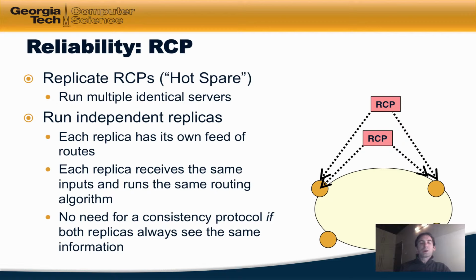Now, if each replica receives the exact same inputs and runs the exact same routing algorithm, then it should be the case that the output or the resulting state that each of these RCPs would push back into the routers should be exactly the same, because the inputs and the algorithm are exactly the same. So in the case of the hot spare approach, there's actually no need for a consistency protocol if both replicas always see the same information.